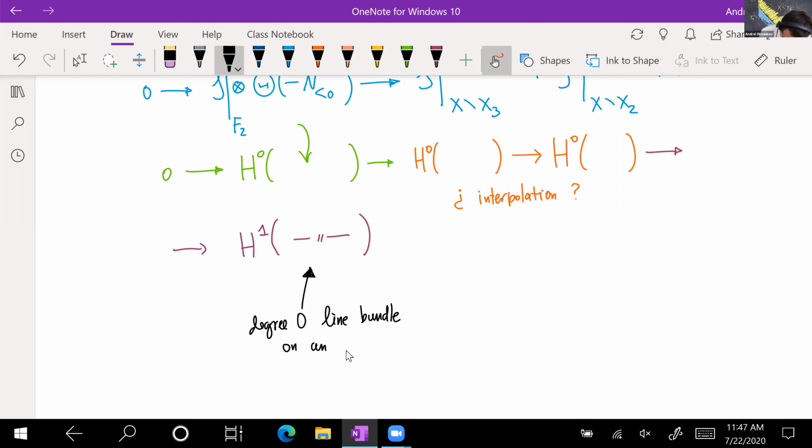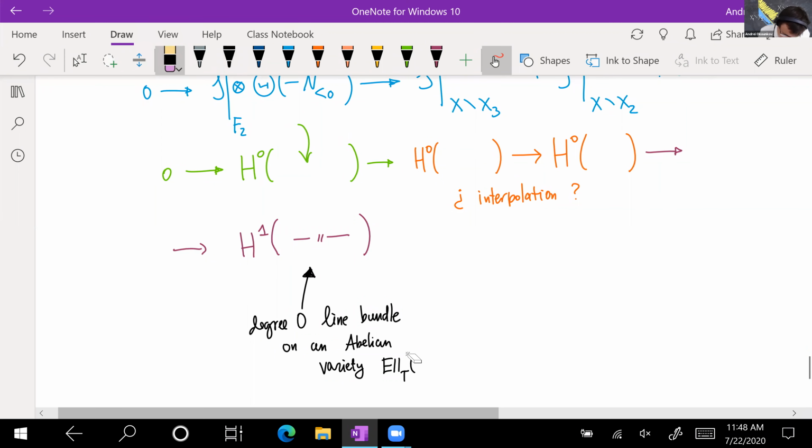Because this is on an analytic, namely the T-equivariant elliptic homology of, well, degree 0, so maybe I'll write it like this.